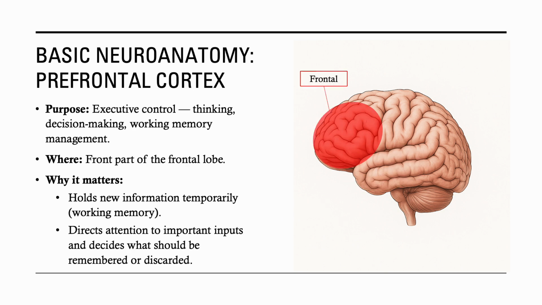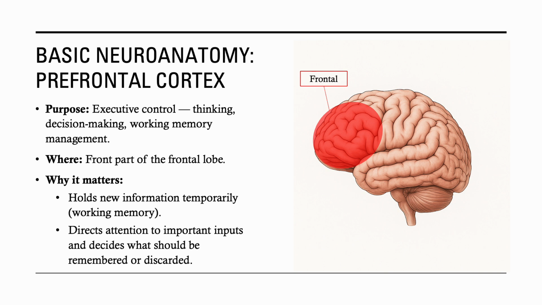Okay, so we've talked about how the sensory cortex brings in raw information and how the hippocampus helps sort out and store the long-term memory. But before any of that happens, the brain needs a decision maker.